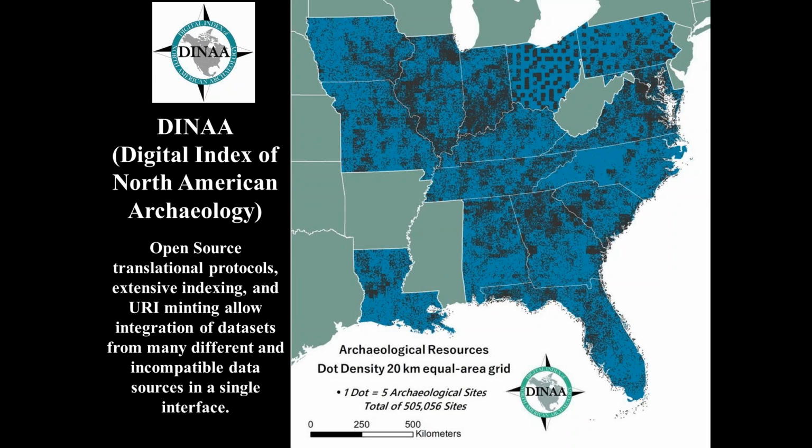So what is DINAA? Quite simply, it is a publicly accessible compilation of existing archaeological site file, collection, and report data from multiple regional, state, and local repositories. DINAA uses the site number as a basic identifier, linking archaeological data sets together, and the site locational data can then be used to link with paleoenvironmental data sets of varying geographic scale and temporal resolution, encompassing physiography, climate, and biota in the past, present, and the future.